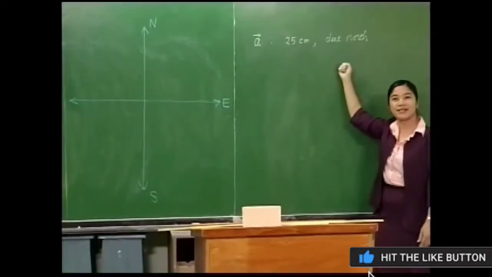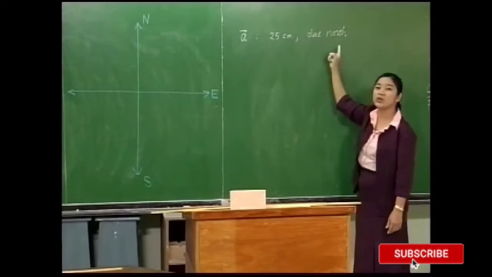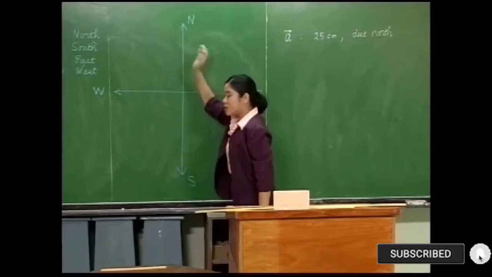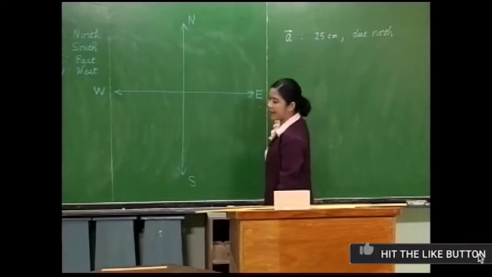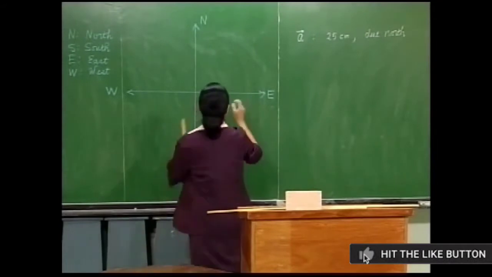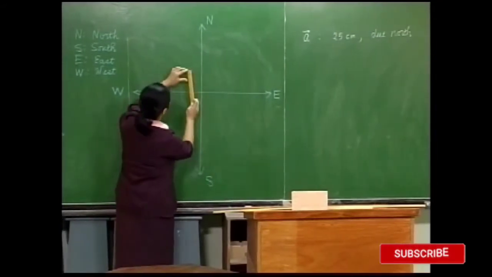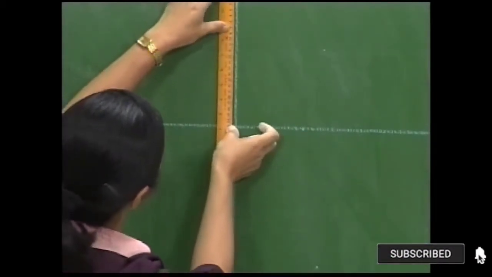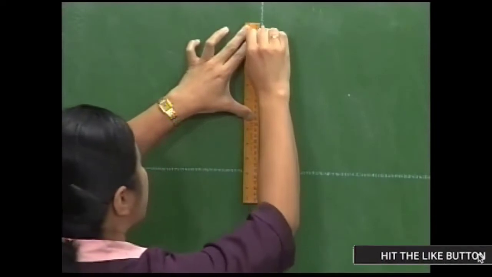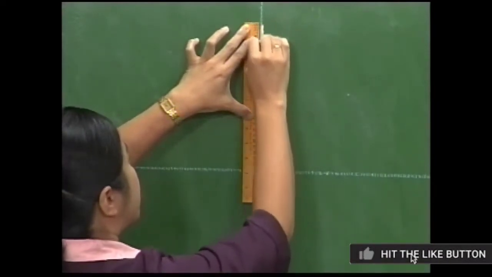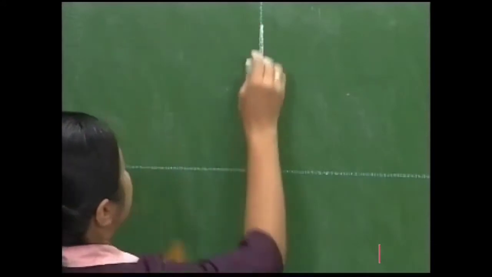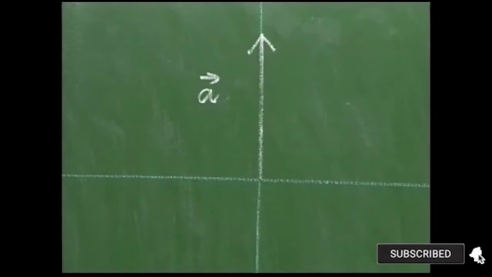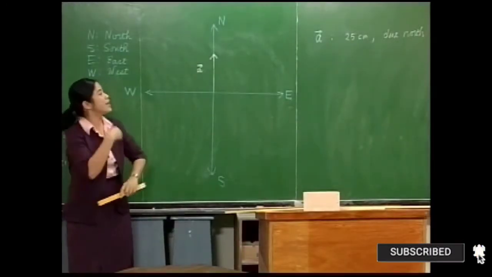What do I mean by this? Whenever you see the words due north, that would mean directly in the northward direction. So if I were to draw vector A, I would measure 25 centimeters, so here from 0 to 25. So from here, this would be my vector A.